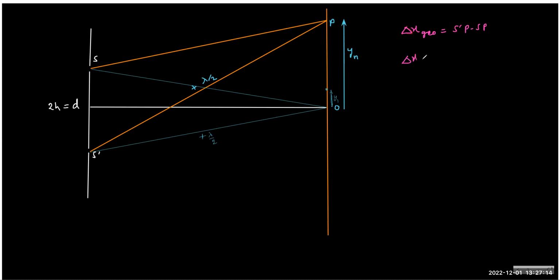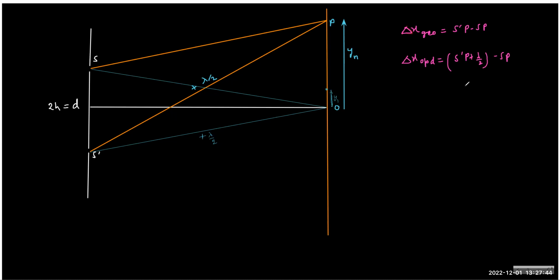But the moment I say optical path difference, the answer will be S dash P plus lambda by 2 minus SP. Understood? Yes, sir. Because the reflected light will suffer a phase shift of pi, which means the path difference equivalent of pi is lambda by 2, right?